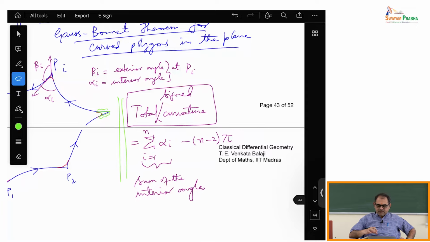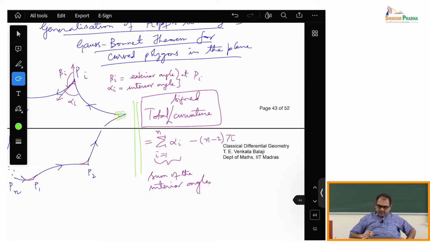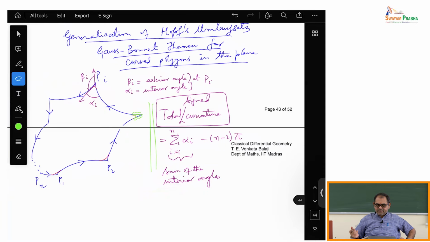So this is the Gauss-Bonnet, and it generalizes this: if you take a standard polygon which is made up of straight line segments, then the sum of the interior angles is n minus 2 times pi, okay.